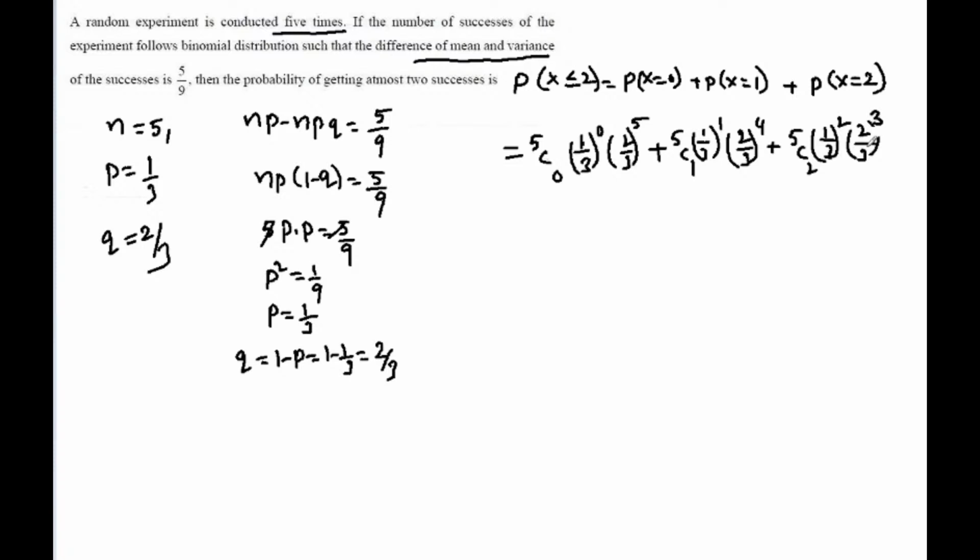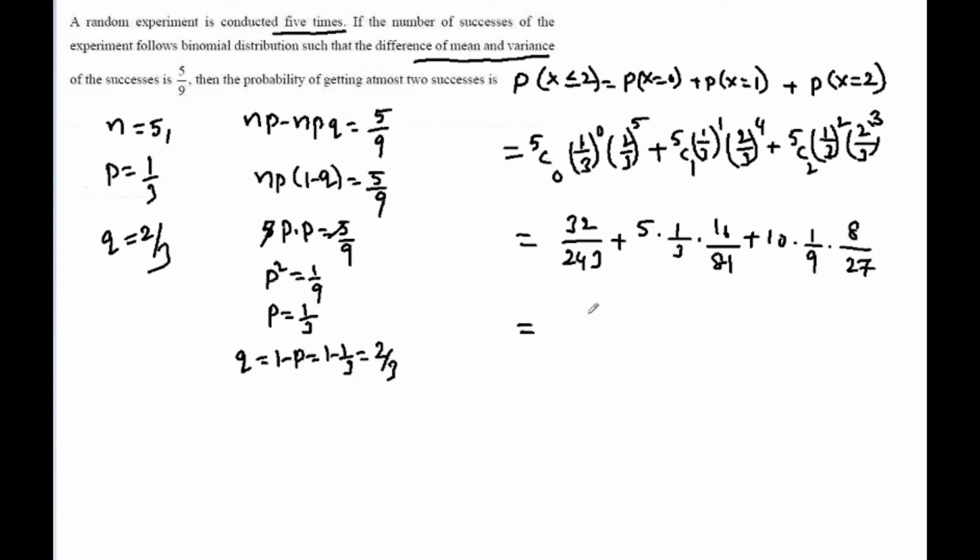5C0 value is 1, 1 by 3 whole to the power 0 is 1, 2 by 3 whole to the power 5, 2 power 5 is 32, by 3 to the power of 5, that is 243, plus 5C1 value is 5, 1 by 3 into 2 by 3 whole power 4, that is 2 power 4, so that is 16 by 81, plus 5C2 value is 10 into 1 by 3 whole square, that is 1 by 9, 2 cube is 8 by 3 cube, 27.